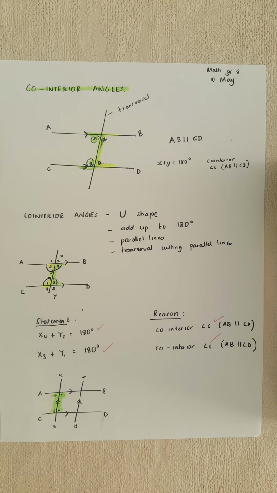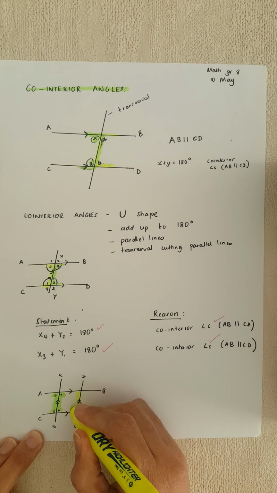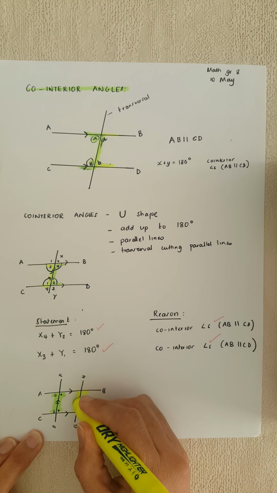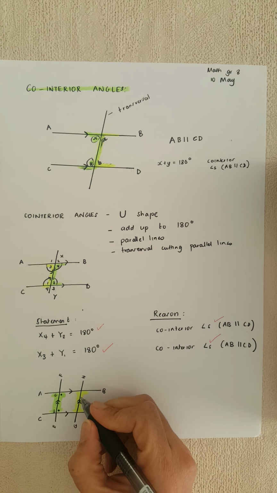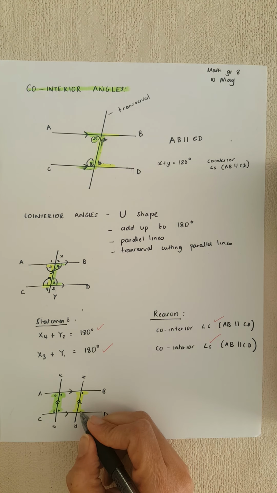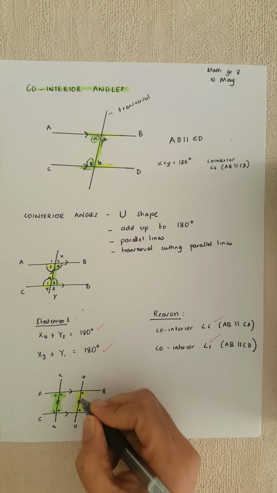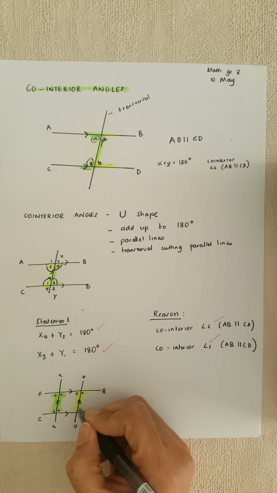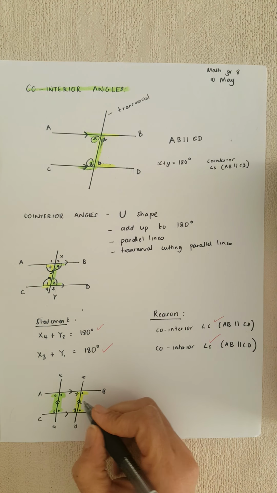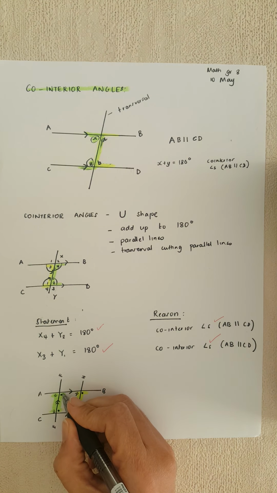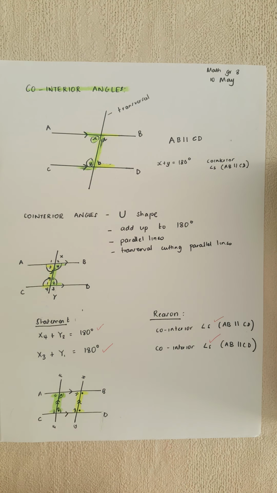So if I'm looking at this transversal here, you can see I've got a U shape there, and I've got a U shape there, okay? And again, if I make dots for you there, you can see this angle and this angle are going to be equals to 180 degrees, and this angle plus this angle is going to be equals to 180 degrees. Okay, they're not equals to each other. This angle plus this angle is going to be 180.